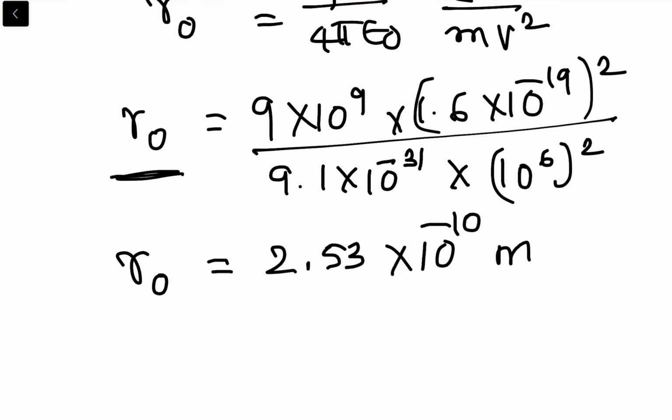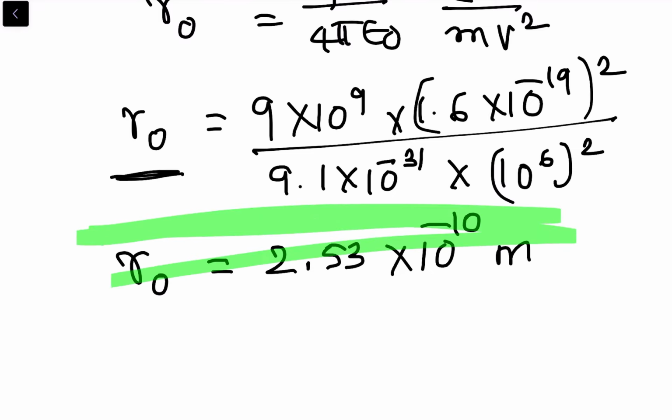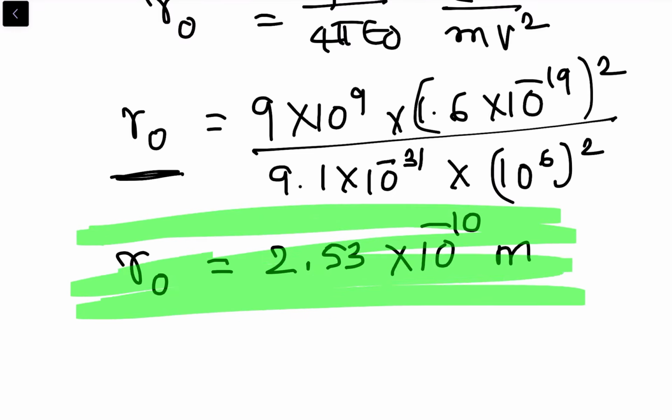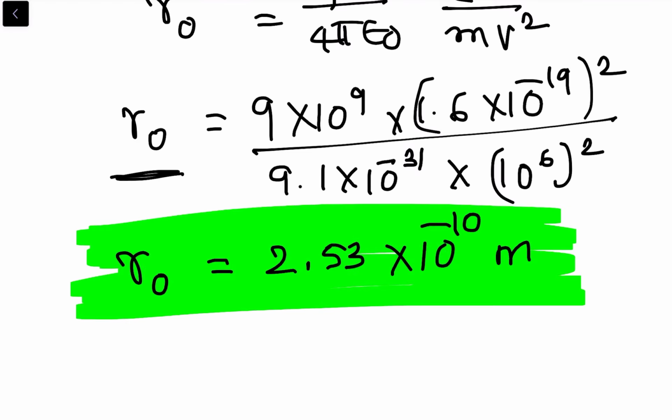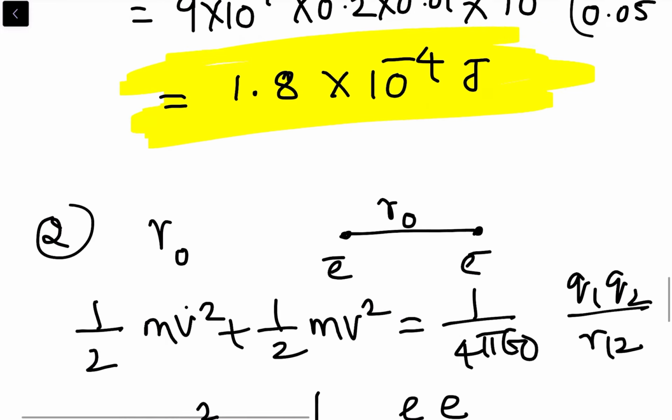This is the answer for this second problem. What can be the closest distance between the two electrons? This can be the closest distance, 2.53 into 10 to the power of minus 10 meters. After simplifying, you will get that one. So let's see the third problem.